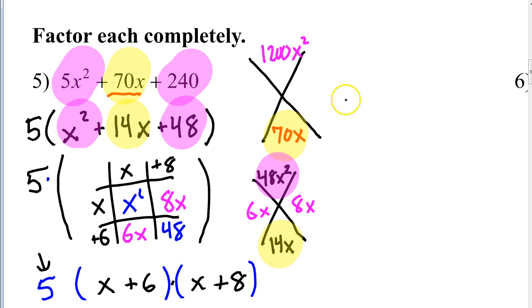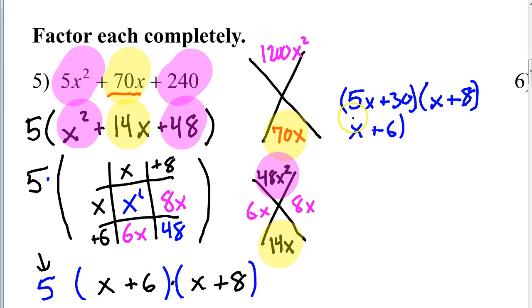So if you did this, you probably would come up with 5x plus 30 times x plus 8, right? And you would have had to factor out a 5, which would have given you this. But another possibility is that you would have got this, and 5x.